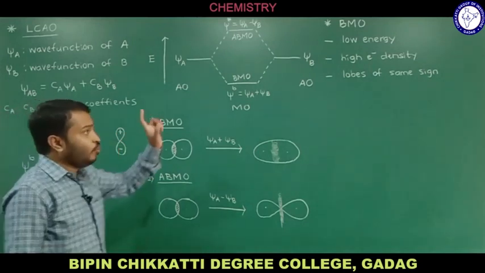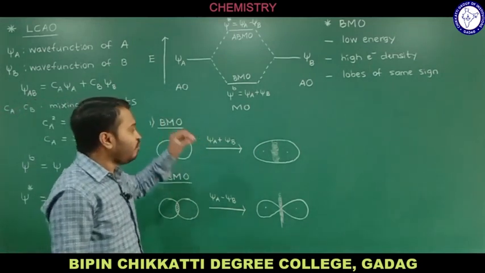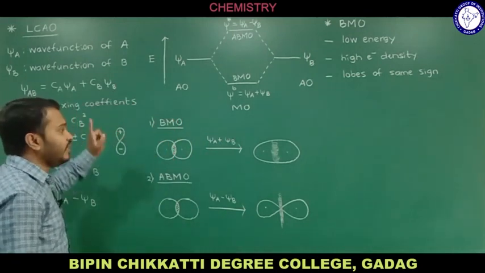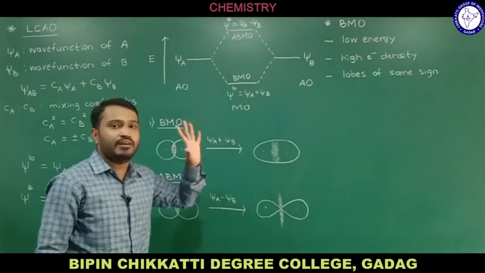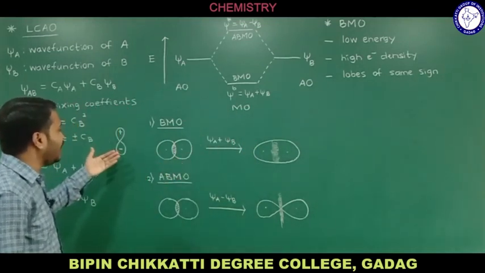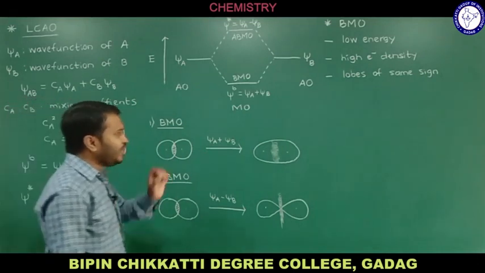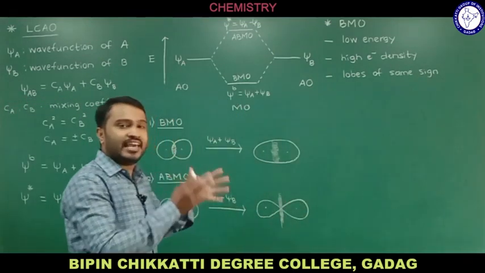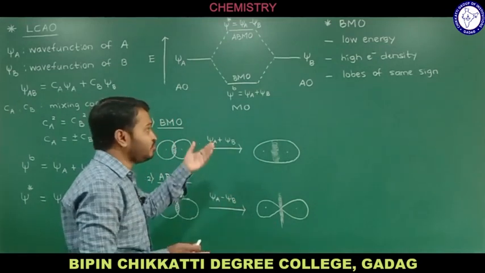Remember that when atomic orbitals combine with lobes of the same sign, there will be a formation of BMO. While explaining how p atomic orbitals overlap, we'll use that concept here, but right now remember, when the lobes are of the same sign, there will be a formation of BMO.